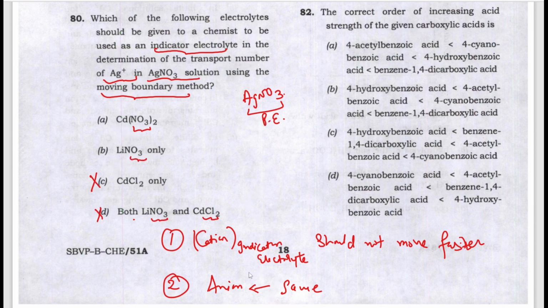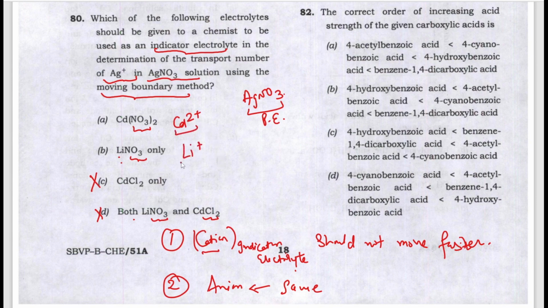Now in the case of the first condition, the cation of the indicator electrolyte should not move faster than the cation of the principal electrolyte. In these two cases, the cation is cadmium 2 positive, but in this case, the cation is lithium positive.